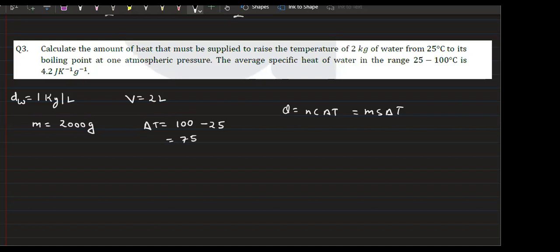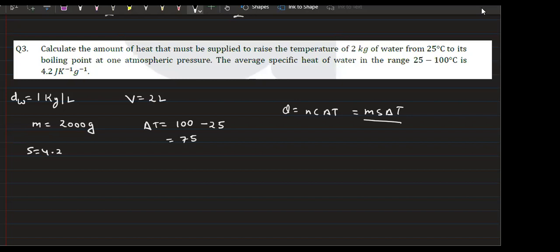Got it everyone? Yes, Pranjal. Now S is also given. What is S? S is 4.2. Now can you find Q? You just have to use this formula, m S delta T. Got it? Everyone got this? Just use m S delta T, you will get the answer.